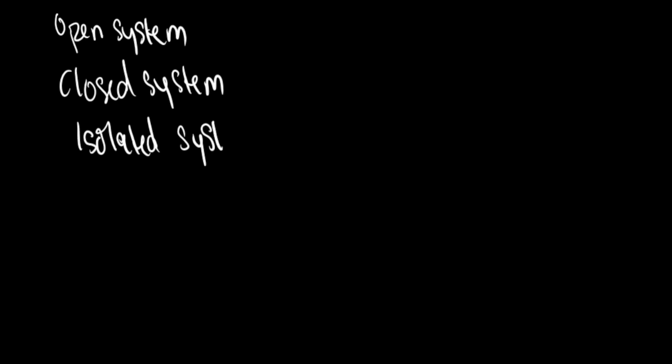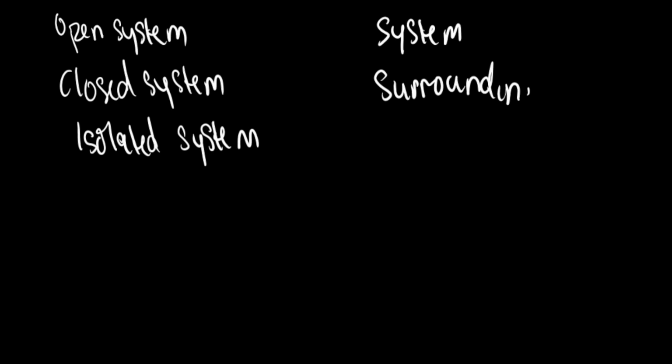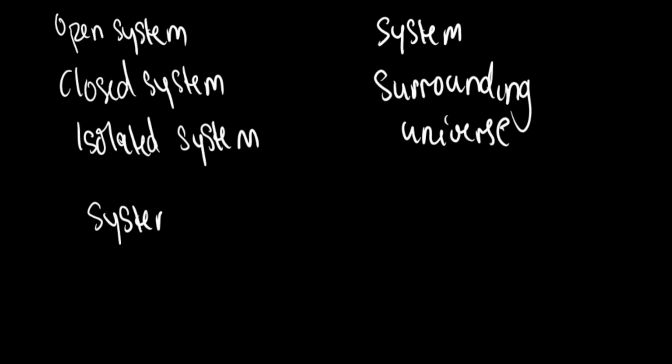Now, what exactly is a system? As we go on in our study in this video, we'll be making use of three basic terms. This would be system, surrounding, and lastly, the universe.